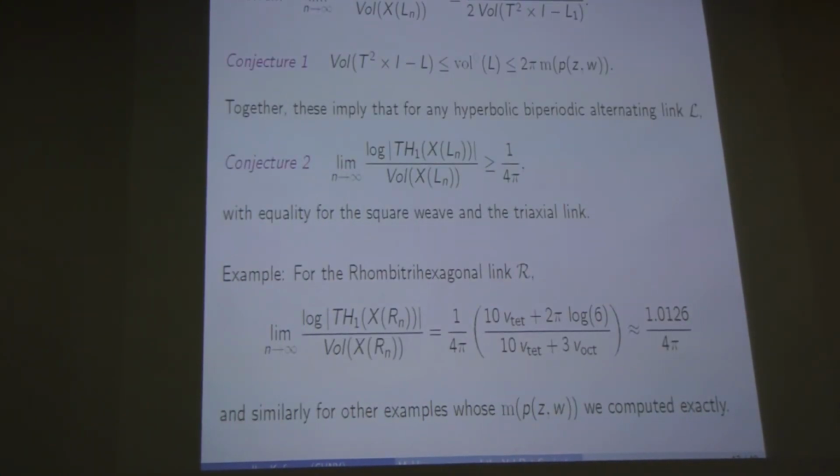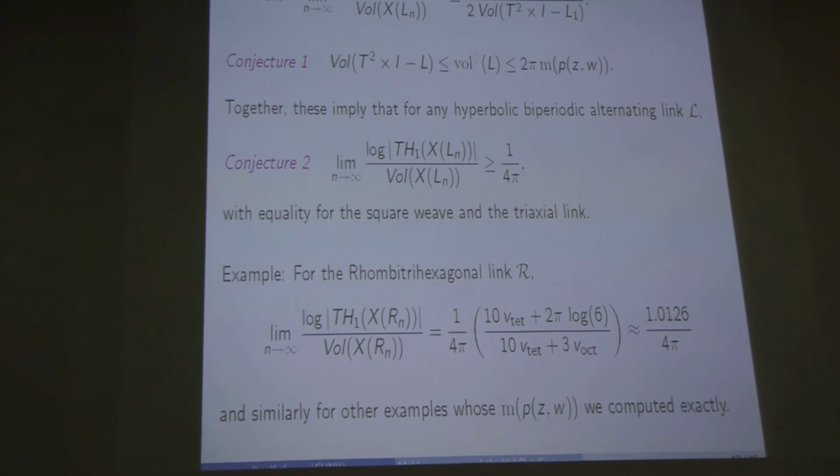So what happens more generally? We have a theorem here for any of these biperiodic links and these toroidal exhaustions. We have this conjecture that the volume of T2 cross I minus L is less than 2 pi times the Mahler measure of the characteristic polynomial.